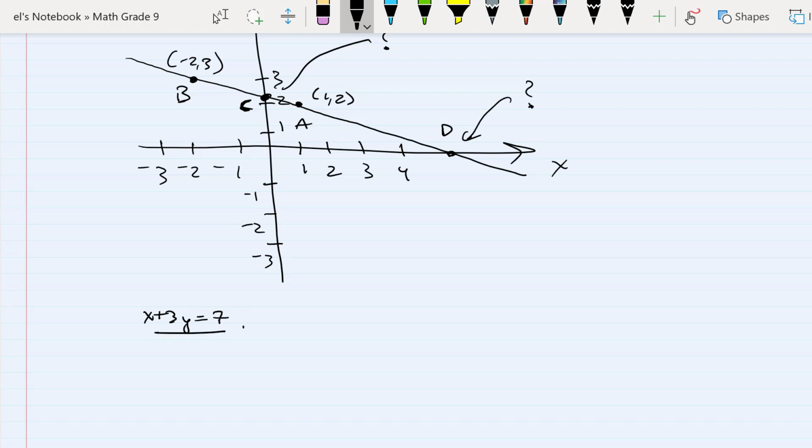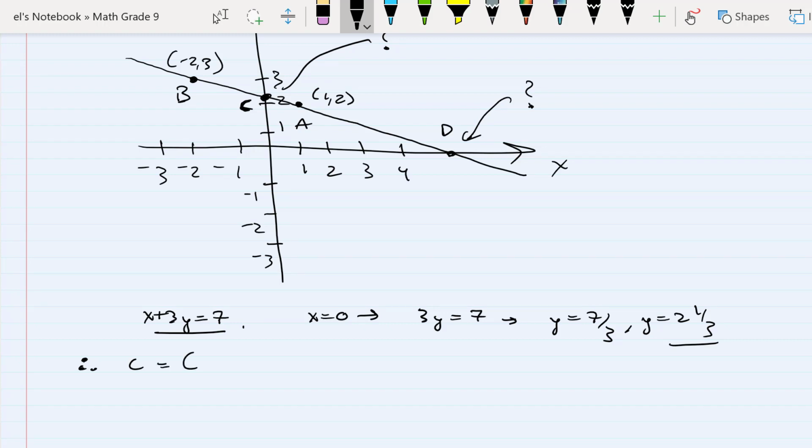To find C, we let x equal 0. This implies that 3y equals 7, or y equals 7/3, or y equals 2 1/3. Therefore, the point C is just 0 and 2 1/3.